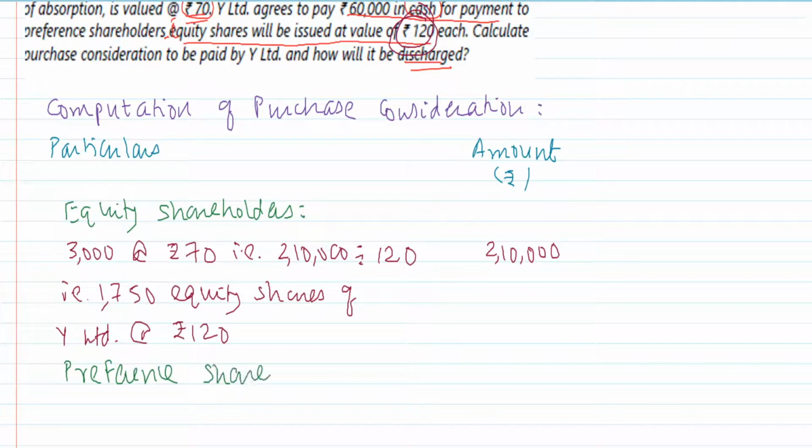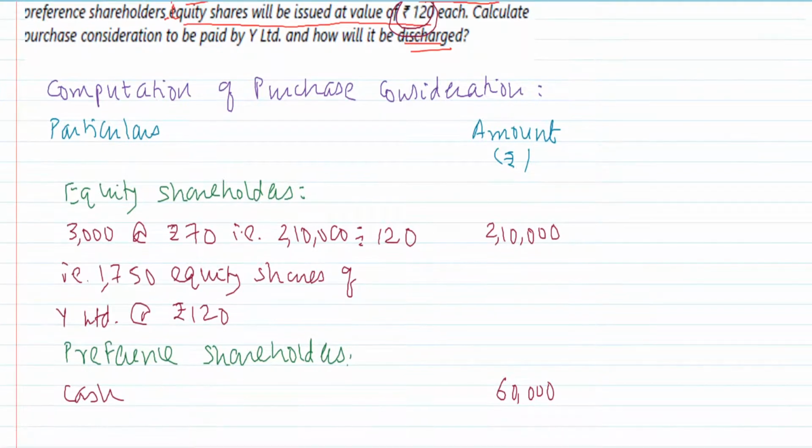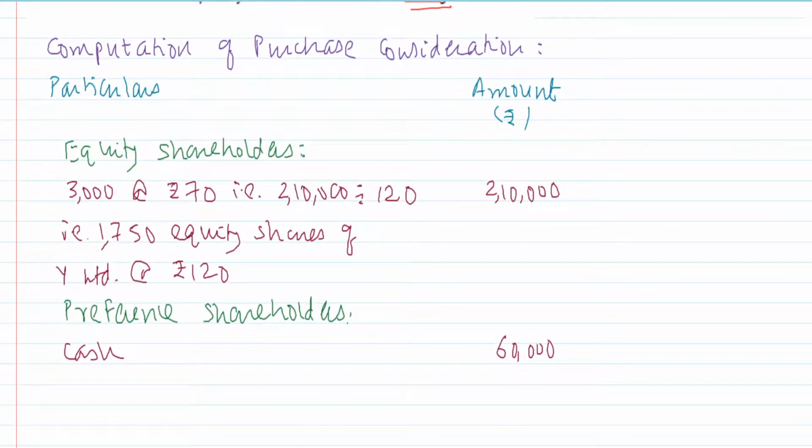Now it is time to settle the preference shareholder. We are paying them cash, isn't it? 60,000. The total of this, 2,70,000. That's your purchase consideration.